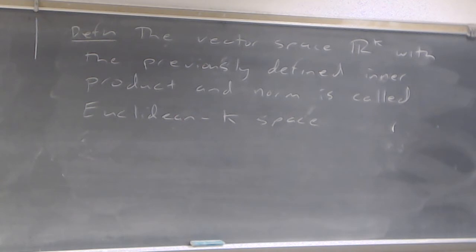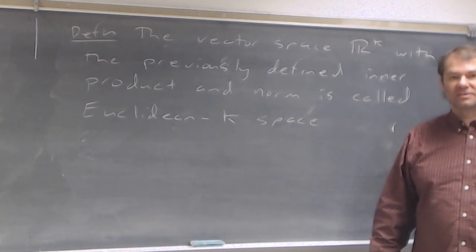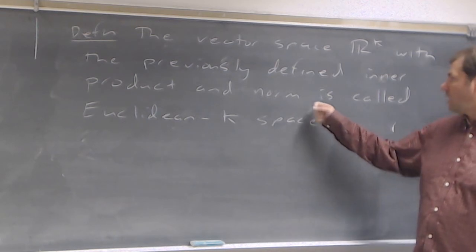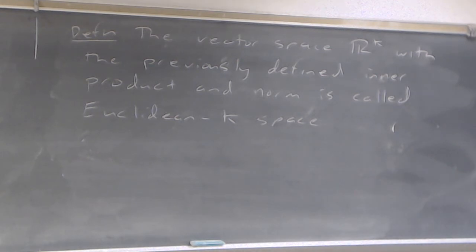I'm not going to go into this very much, but the inner product gives some kind of angle of representation between vectors, whereas the norm gives the distance between vectors, if you will.